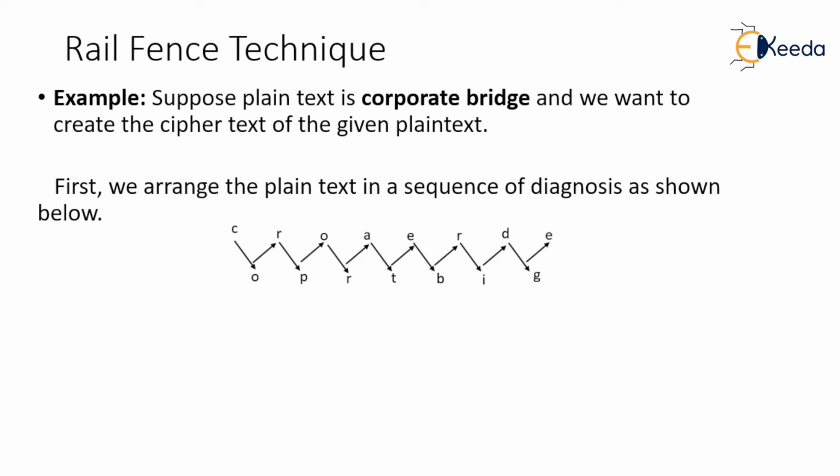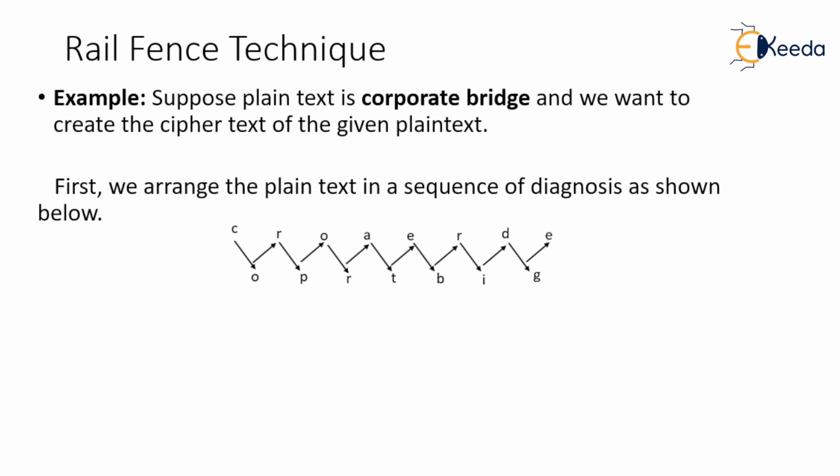Then in the diagonal position of the R, the fourth letter is written. Third diagonal position, sixth letter. Fourth diagonal position, eighth letter. In this way, you write the plain text in the sequence of the diagonals.